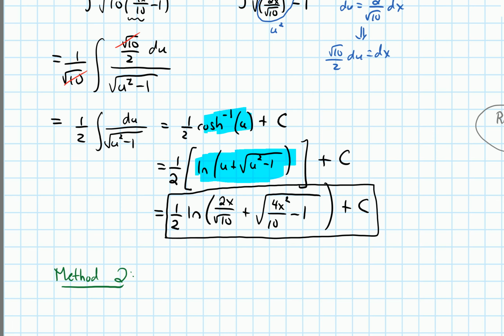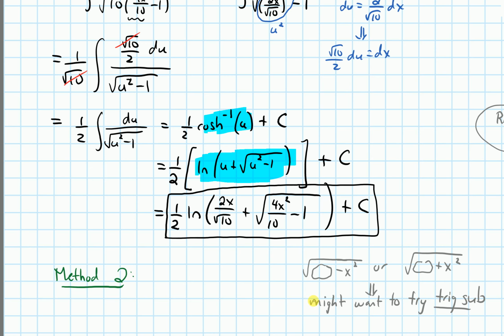So if I see something like the square root of something minus x squared, or the square root of something plus x squared, I might want to try trig sub. And the reason why I say might is if there's a different technique that I could use that would be easier, like u sub or something, I'd want to do it that way.